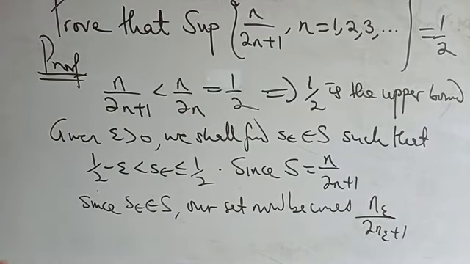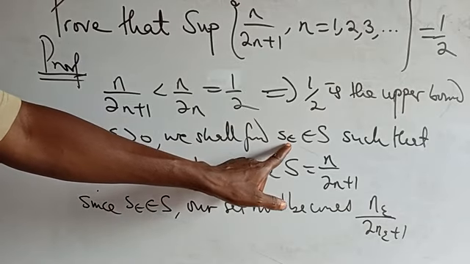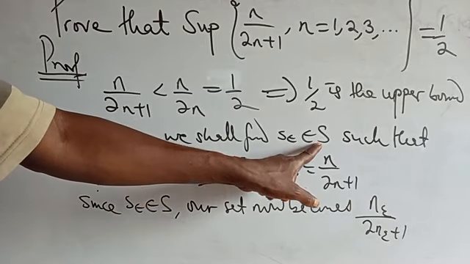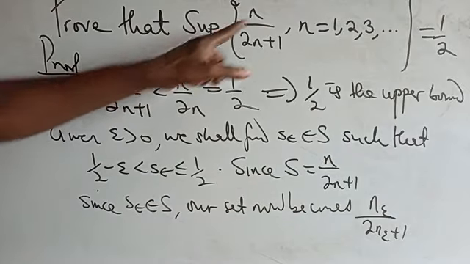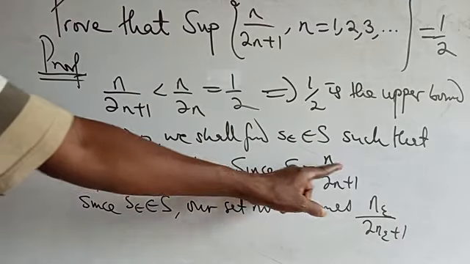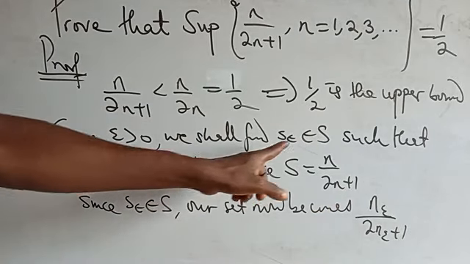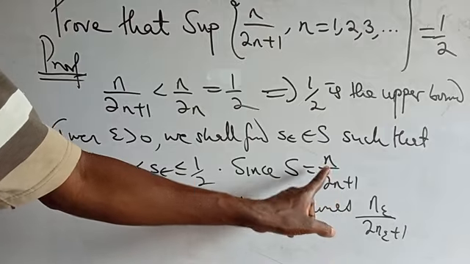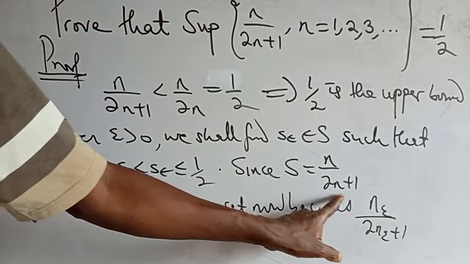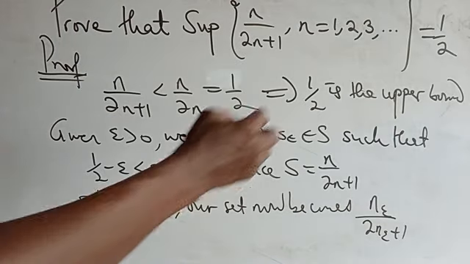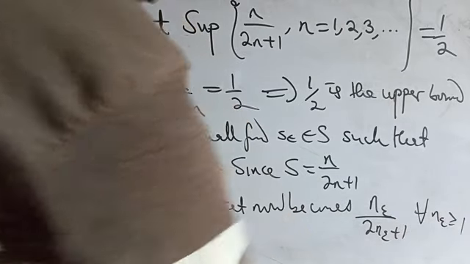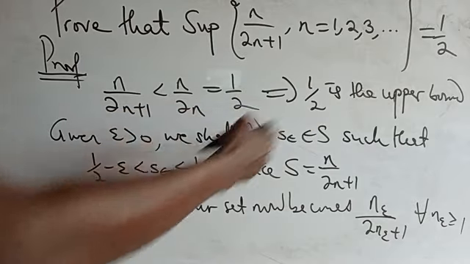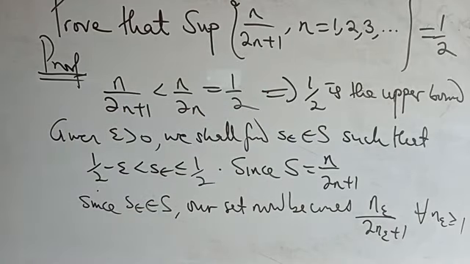We want to find the supremum of the set, so we assume that the set S is n over 2n plus 1. Since we are considering S of epsilon from the set, our n will change to n epsilon, and this holds for all n epsilon greater than or equal to 1. The upper bound is also satisfied for all n greater than or equal to 1.